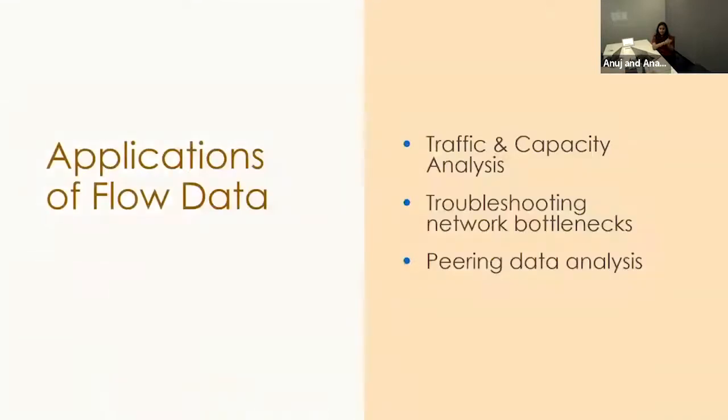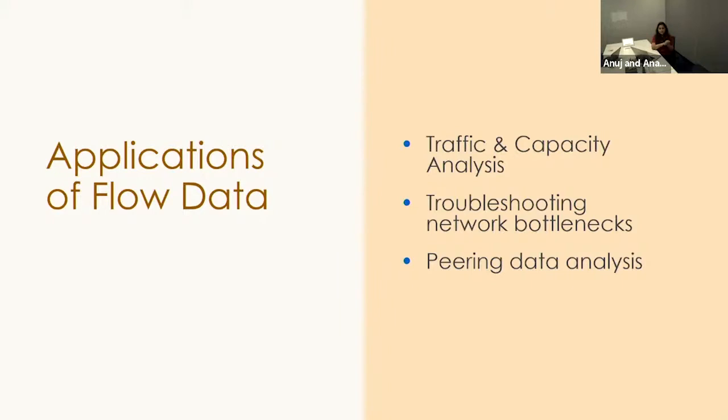Let's say that we have configured various network devices in our data center with exporting flows to an external collector, and we have all of this flow data available to be queried. There are several ways in which this data can be used, starting with traffic and capacity analysis.